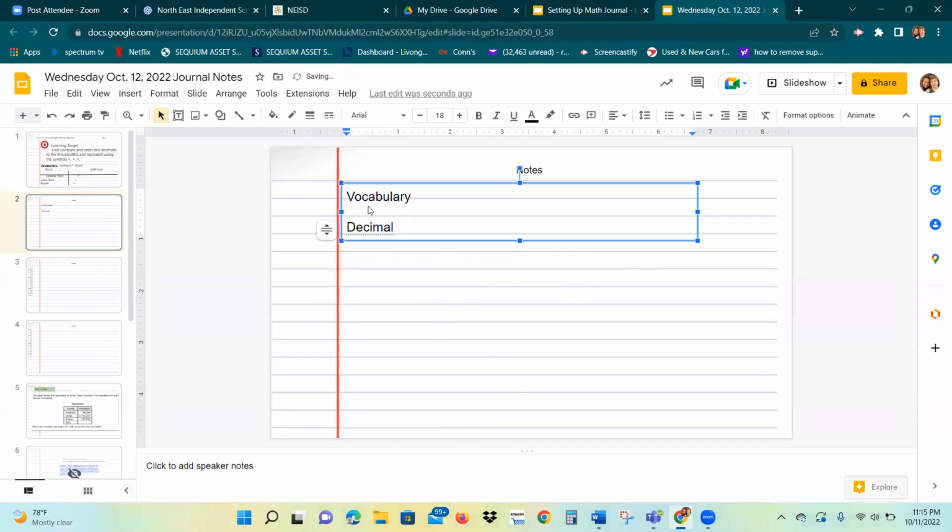What was the definition of decimal? Do you remember back in your notes? What did we say that was? Okay, go ahead and pause this and go back into your notes and check.